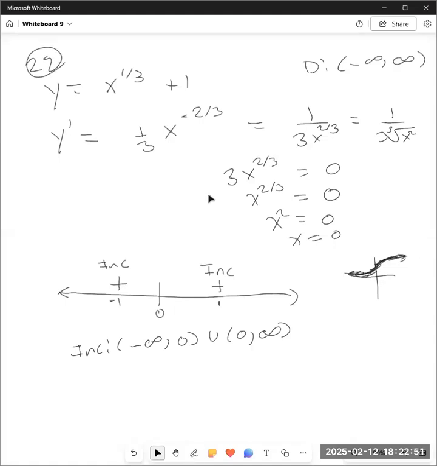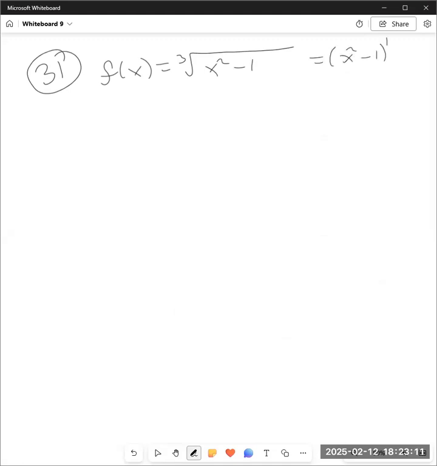Let's go ahead and look now at number 31. 31 says f of x is equal to the cube root of x squared minus 1, or (x squared minus 1) to the 1/3 power.